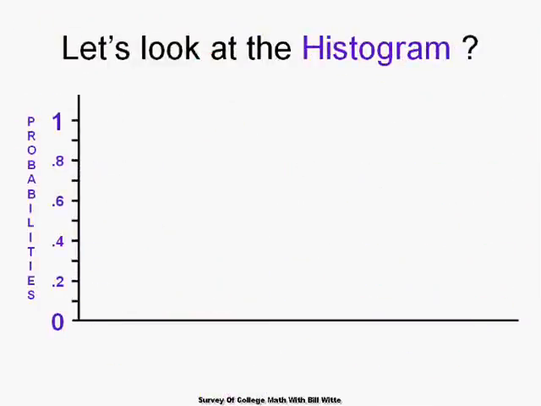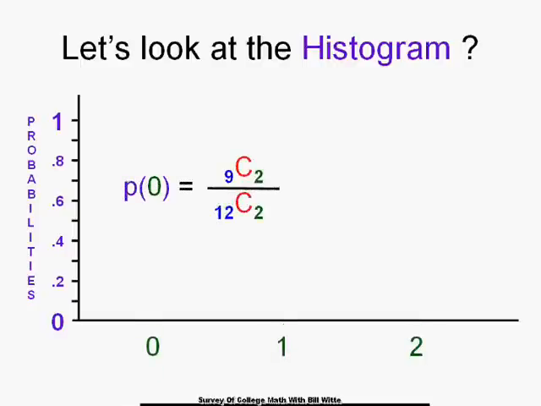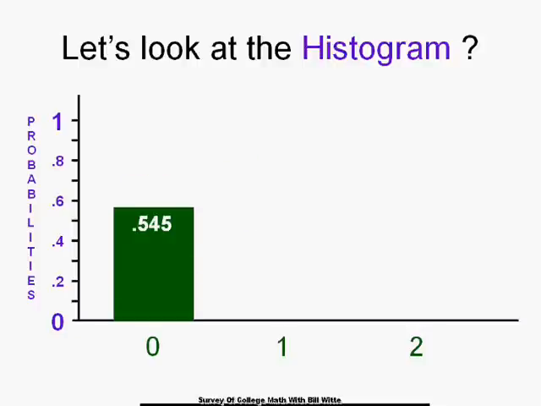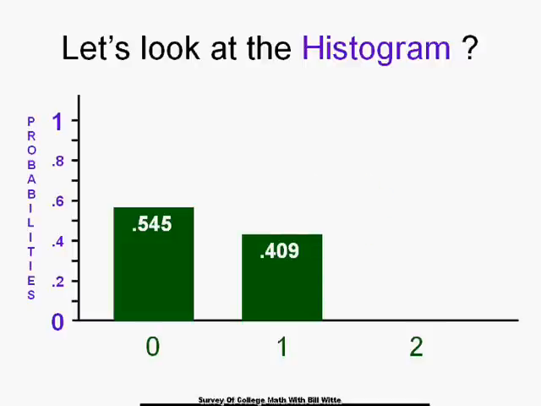Let's take a look at a histogram of this one while we're at it. The sample space has 3 members: 0 defective, 1 defective, and 2 defective. Trust me, the probability of none defective comes out to 0.545. The probability of 1 defective comes out to 0.409.